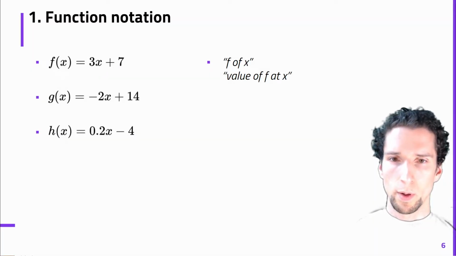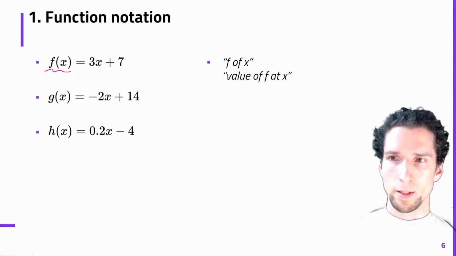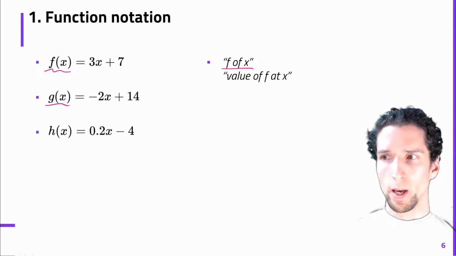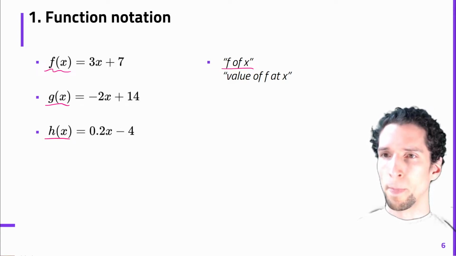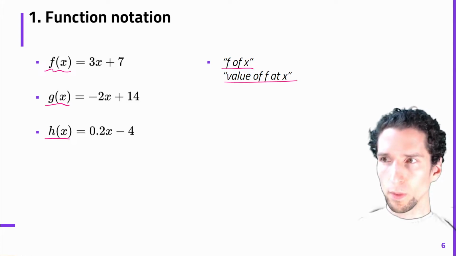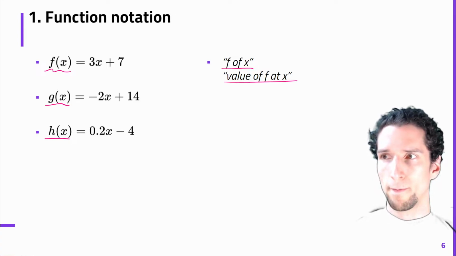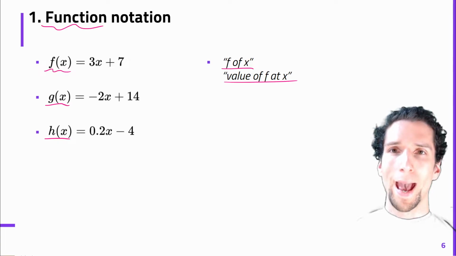Just so you know how we read this, I'll formally state this here. This thing on the left would be read as f of x, and then g of x, or h of x. Or we could read it like this: the value of f, again f is a function, the value of function f at x.